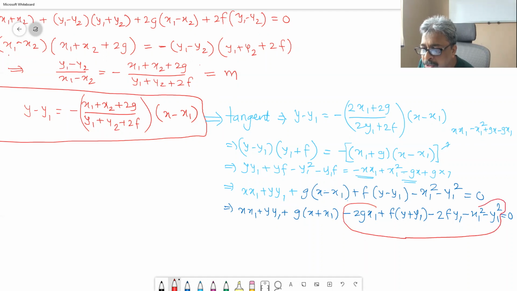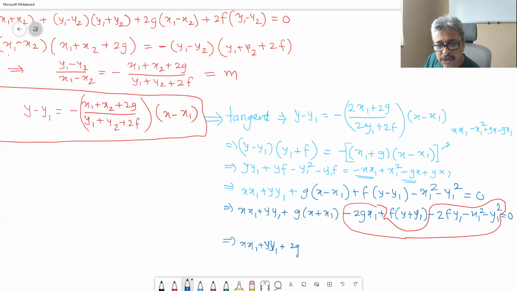along with these 3 is plus c, and therefore you get x x1 plus y y1 plus g into x plus x1 plus f into y plus y1 plus c is equal to 0.